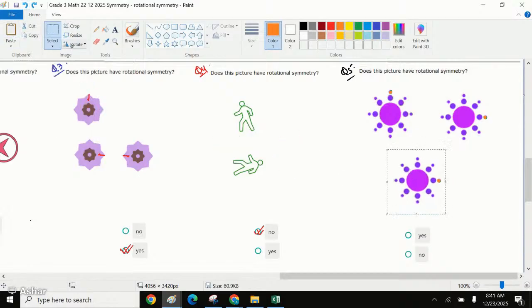Even after having a certain rotation on it. So whatever the angle we rotate, it should still look the same. That means, yes, we do have a rotational symmetry. Agreed?